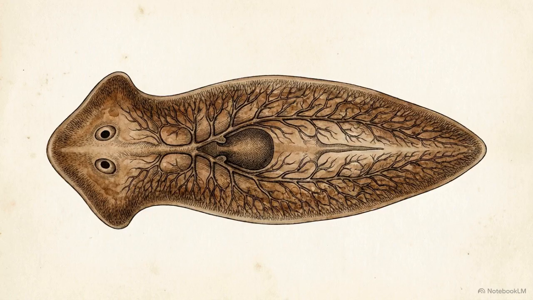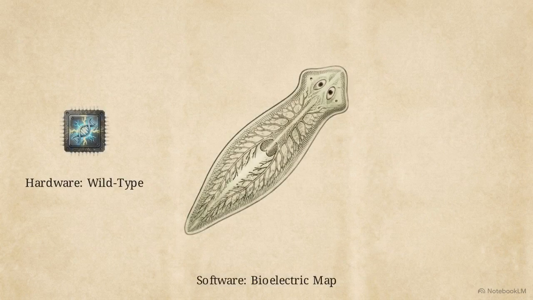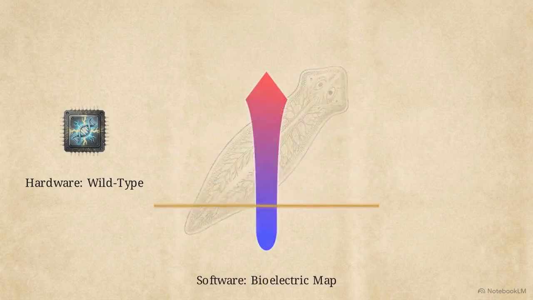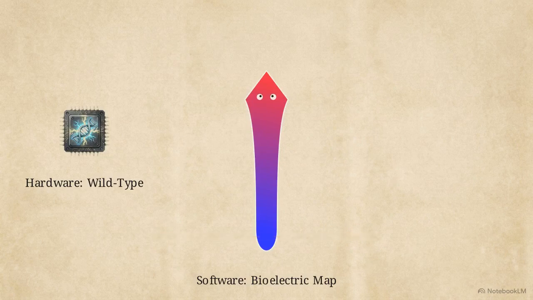We can observe this bioelectric layer in the planarian flatworm, a creature capable of regrowing its entire body from small fragments. A false color scan shows the flatworm's bioelectric memory map, where specific head and tail voltages template regrowth. Researchers can overwrite this state, changing the tail's electrical signature to mirror the head.